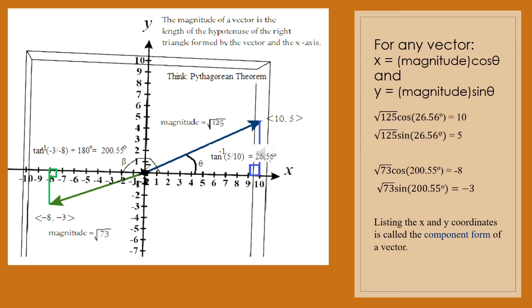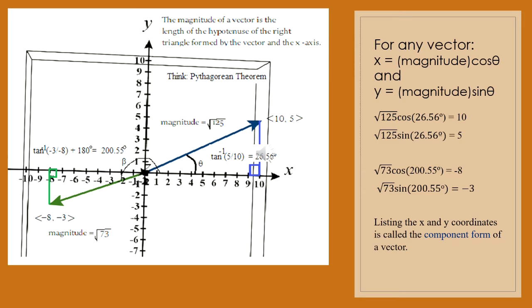If I solve that for the y component, I would get the square root of 125 times sine of 26.56 degrees. So again, that will always be true if you measure your angle counterclockwise from the positive x-axis. Sine of that angle times the magnitude will always give you the correct y component.